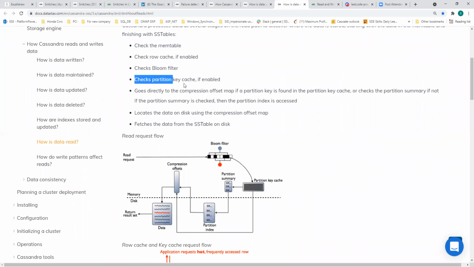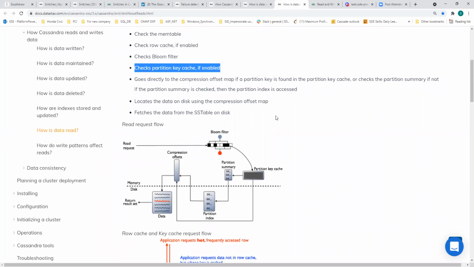Then you check the partition key cache. Now they also talk about another cache, the partition key cache. When a read request comes in, first it goes to the Bloom filter. If the Bloom filter says go ahead, it will first look in the partition key cache.